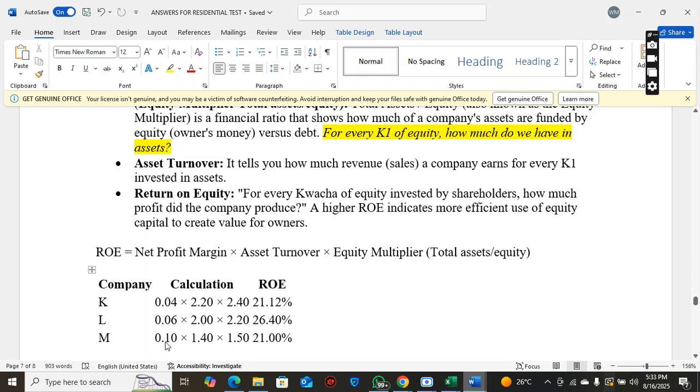So as a portfolio manager, or someone who's making portfolios for people, amongst these three, if you're deciding based on the net profit margin, which one would you get?